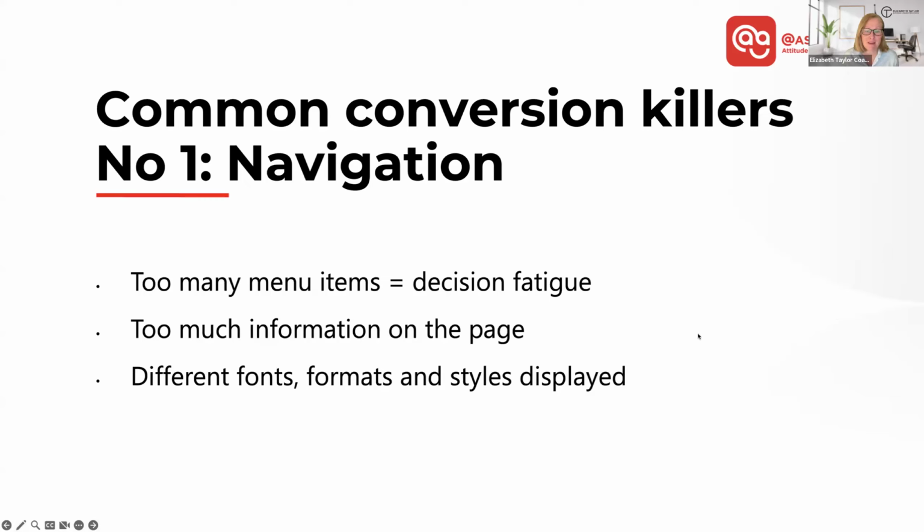It's too overwhelming. And then the last point here in terms of things that could reduce your conversion rate would be if you haven't got clear visual hierarchy and clear mapping of the information across your website. If you've got loads of different fonts, I'm not a fan of lots of italic and script font either, because it's very difficult to read, especially on a mobile phone.